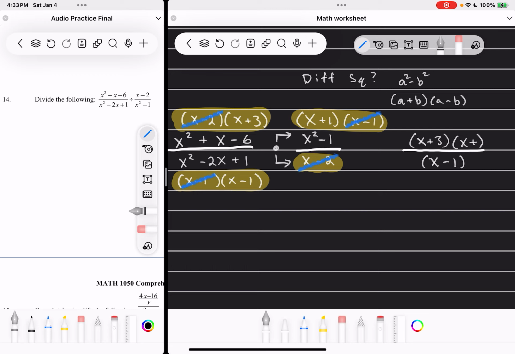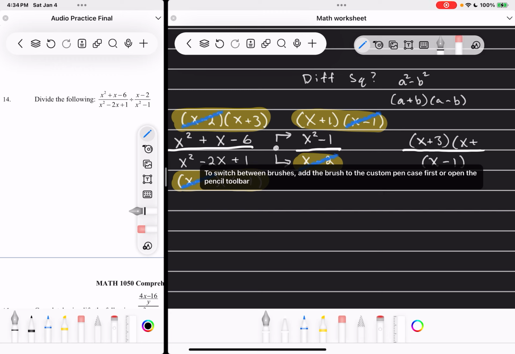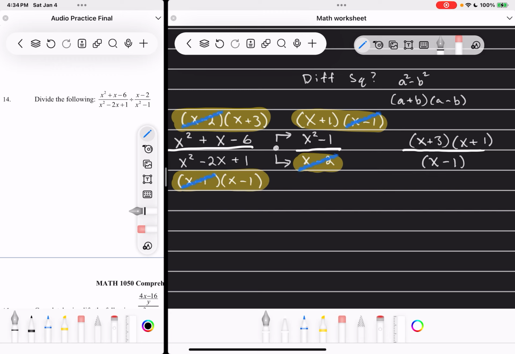You could technically, if you wanted to, distribute this again and do x squared plus 4x plus 3, but that would actually make the question more complex and is not going to simplify it. So when we simplify, we want to keep it as small as we can. So this would be our answer in this case. All right.